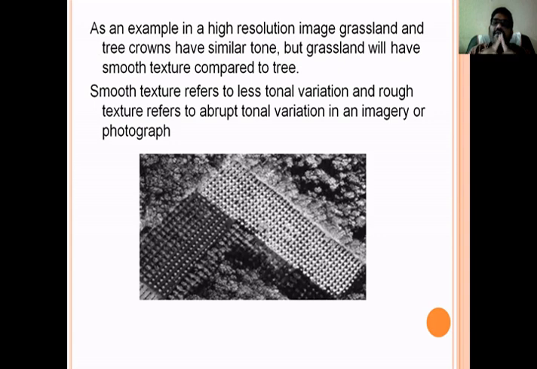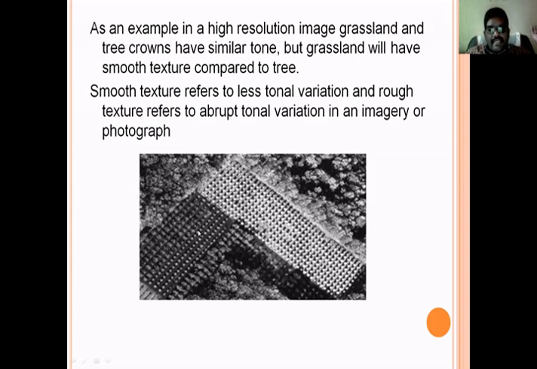When you have a look over there, one is grassland, the other one is a normal area. This is the grassland, the other one is a normal area.